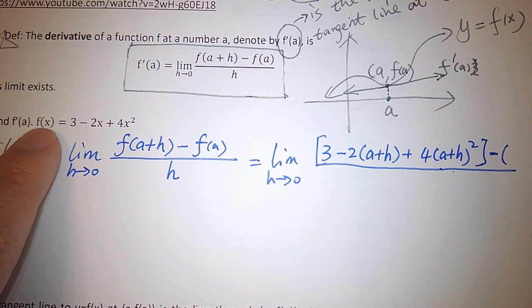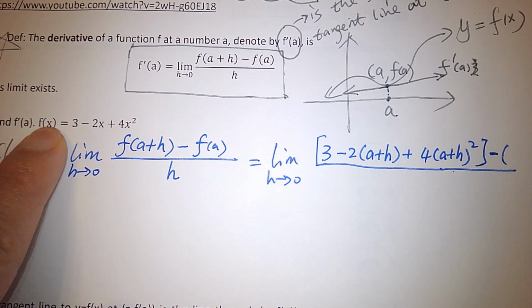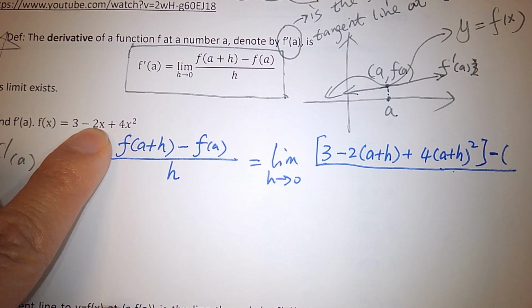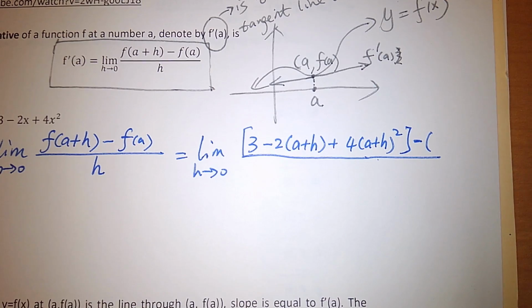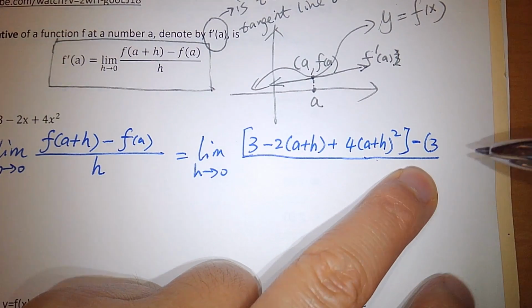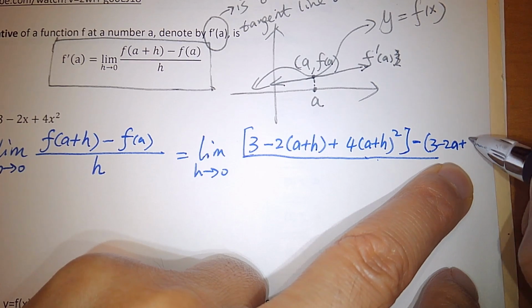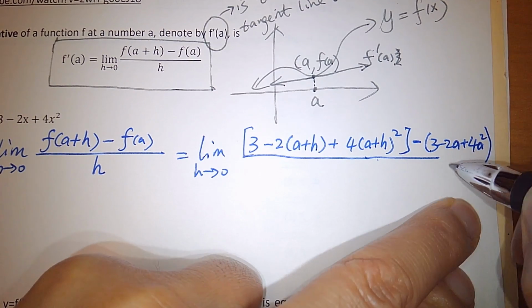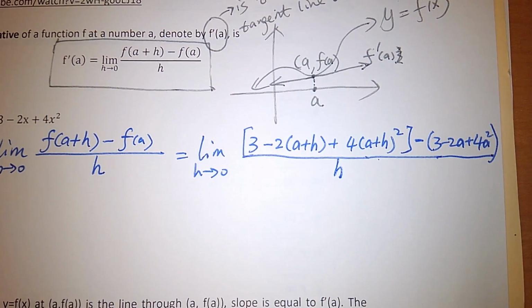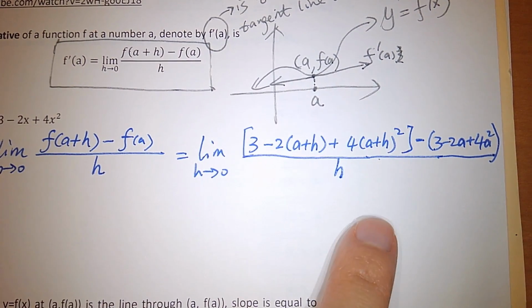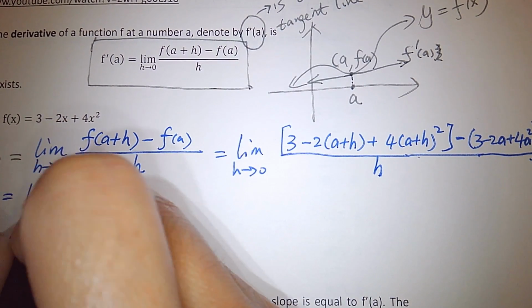For f of a, replace x by a, so we should have 3 minus 2a plus 4a squared, in parentheses. And then divide by h. So we're going to simplify this thing. Careful when we do the calculation.